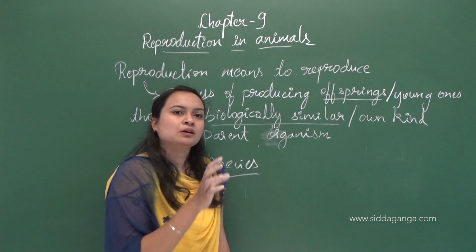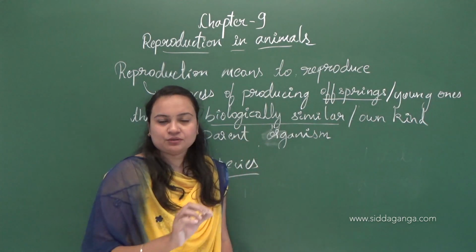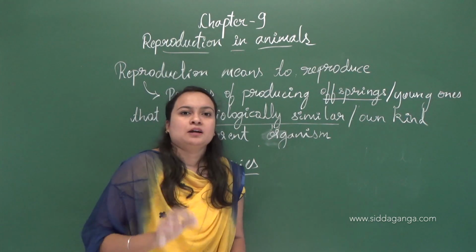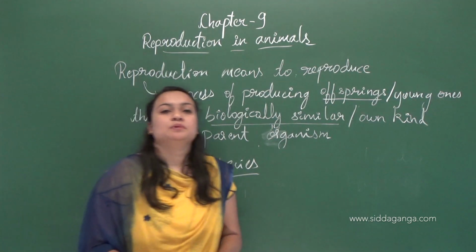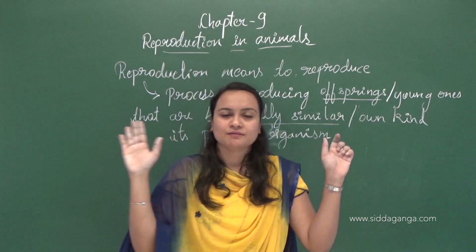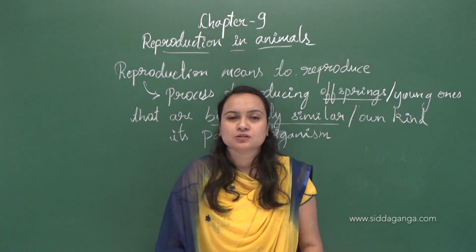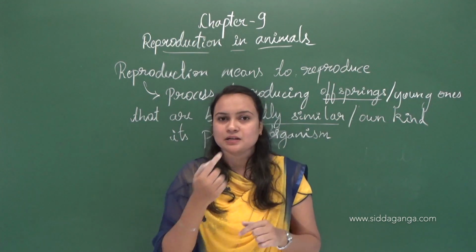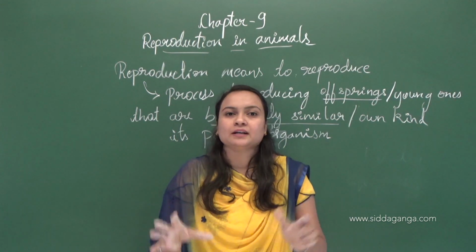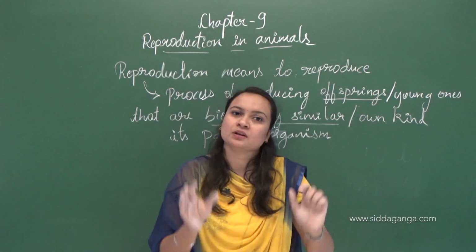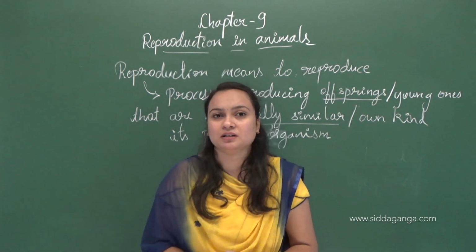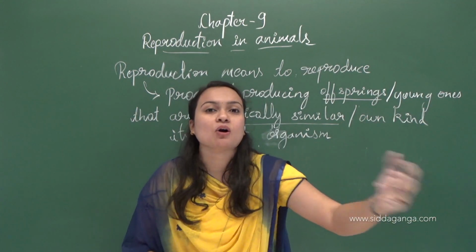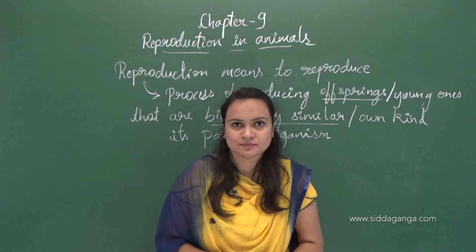These individuals must be similar. That means their body design must be similar. Like in humans we have a pair of hands, a pair of legs, a pair of ears, eyes, nose, mouth, right? So this is the body design. If this is similar among the individuals in the group, then we can call them a species.